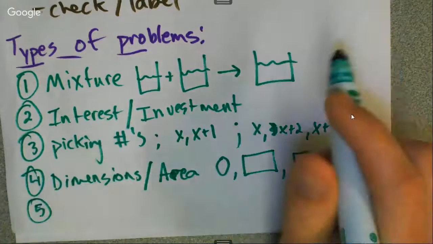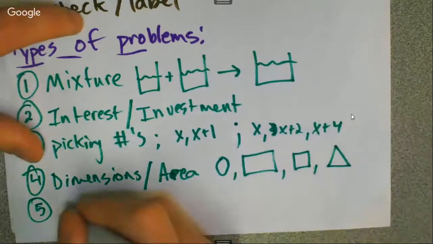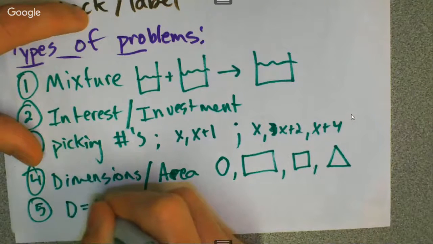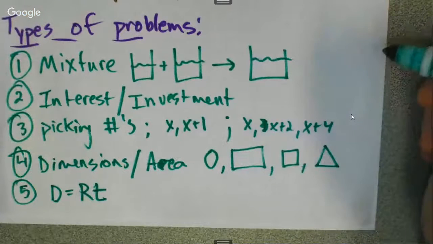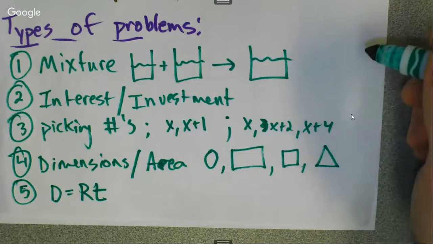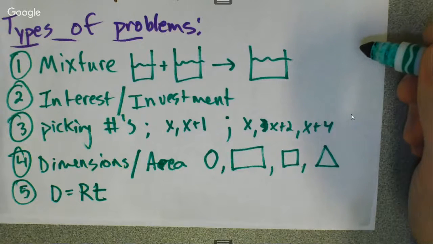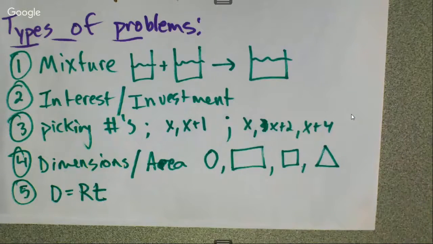Number 5, we have distance, rate, time problems. Okay, so like traveling. Let's see here, I can find one.